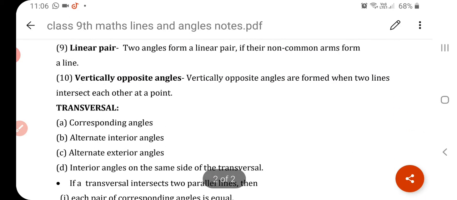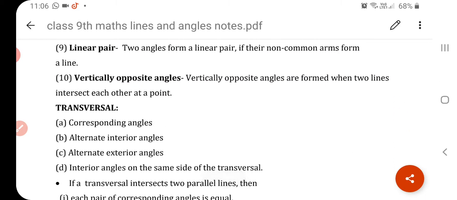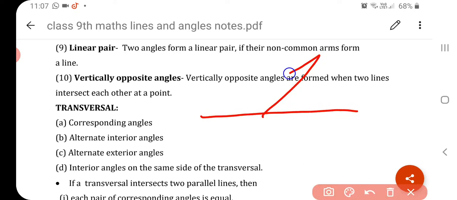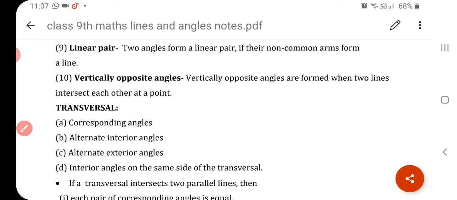Now, what is a linear pair? Two angles form a linear pair if their non-common arms form a line. If these angle 1 and angle 2 have non-common arms that form a line, then it is called a linear pair.